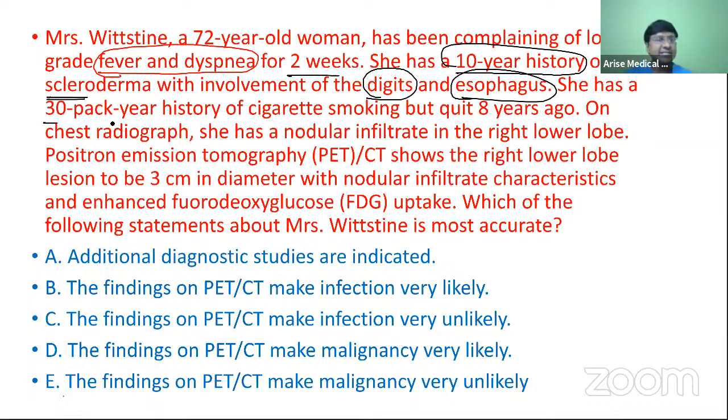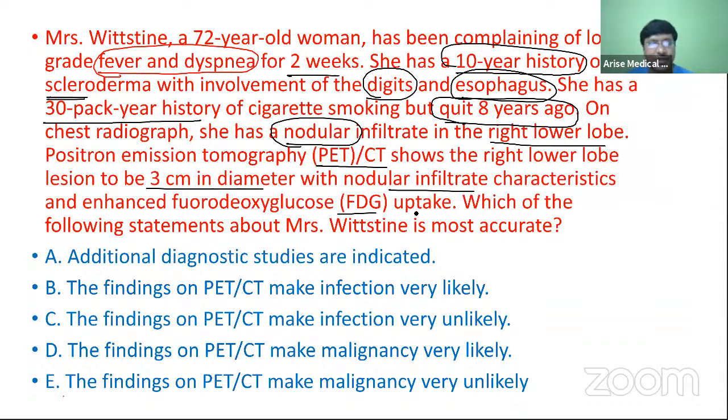She has a 30-year history of cigarette smoking, but quit 8 years ago. On chest radiograph, she has nodular infiltrates in the right lower lobe. PET or CT shows a right lower lobe lesion 3 centimeters in diameter with nodular infiltrates and enhanced fluorodeoxyglucose uptake. Which of the following statements about Mrs. Wittstein is most accurate?